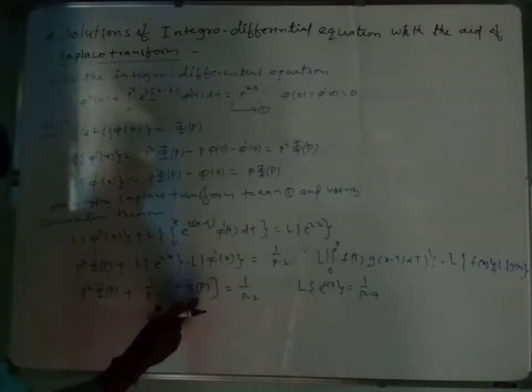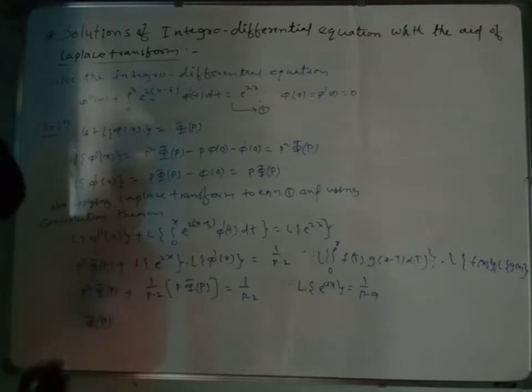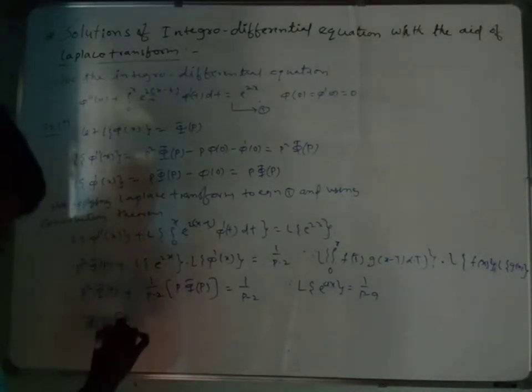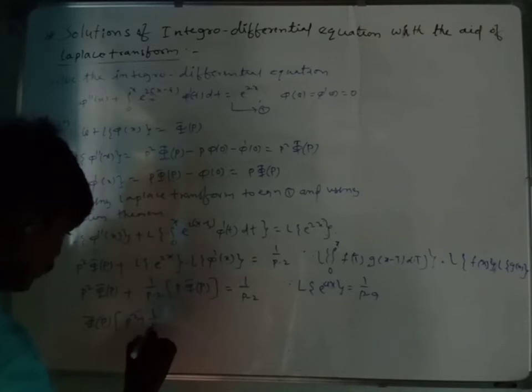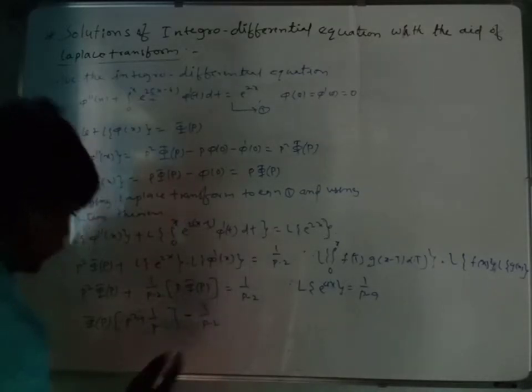Here, taking capital Phi of p common, p square plus 1 upon p minus 2 equals 1 upon p minus 2.